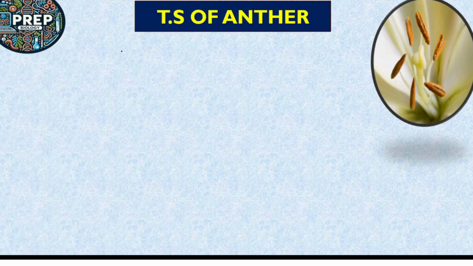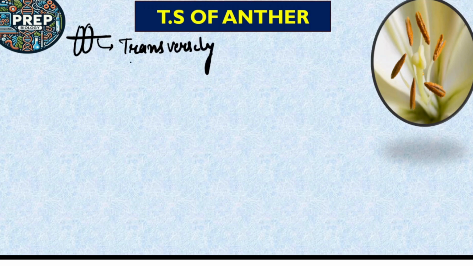TS of anther. These are the lobes of the anther. If we cut the anther like this, that is transversely, that is called the TS, transverse section of the anther.